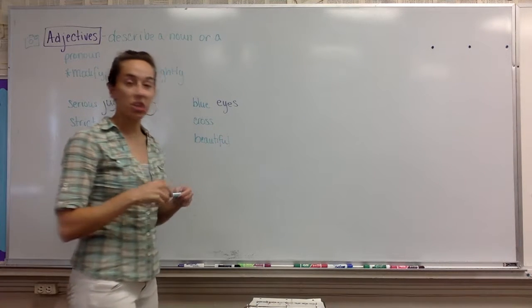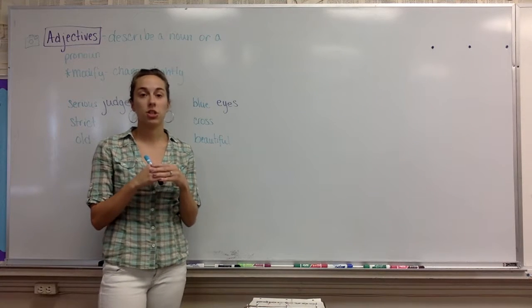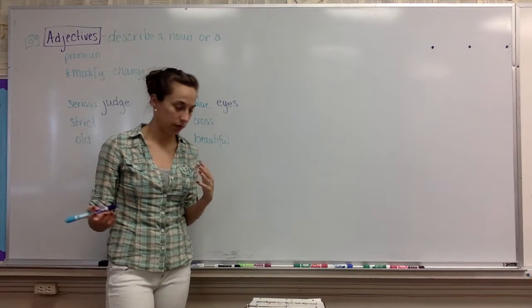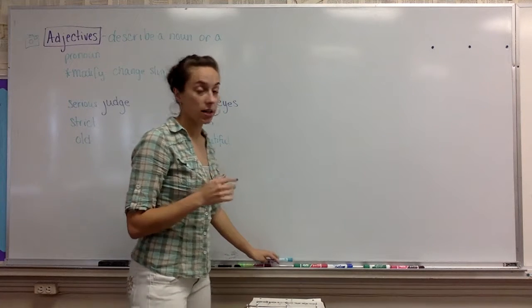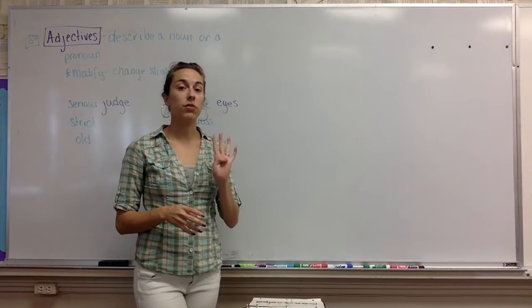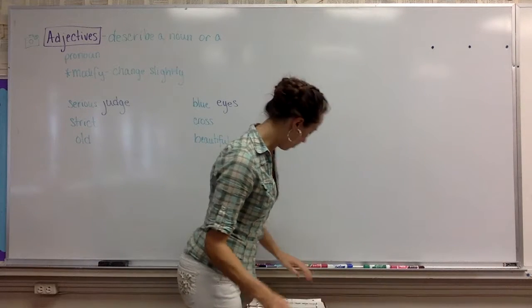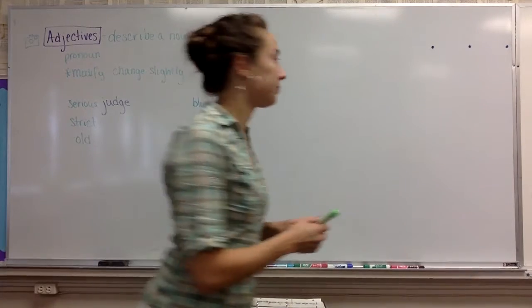So as you can see, there are all sorts of different descriptive words that we can use to describe any noun that we think of. And any of these modifying adjectives answer one of 4 questions. Okay? Our first question is going to be what kind?